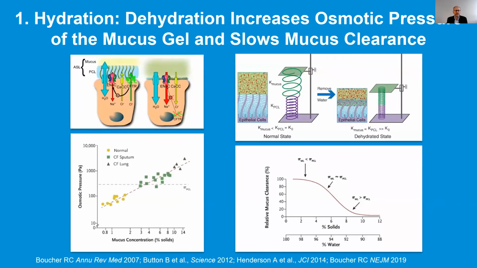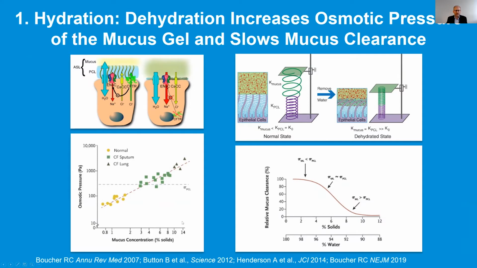First, hydration. It's long been known that deficient CFTR chloride and fluid secretion results in airway surface liquid depletion or airway surface dehydration.